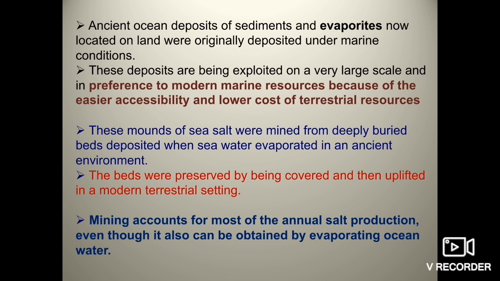That can regulate the migration of material from the oceans to land. These deposits are being exploited on a very large scale, in preference to modern marine resources, because of the easier accessibility and lower cost of terrestrial resources.